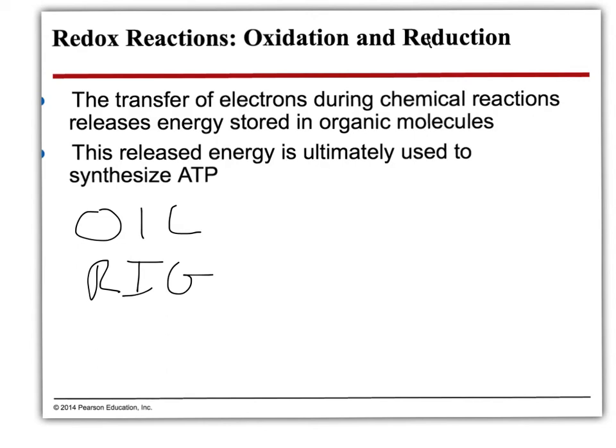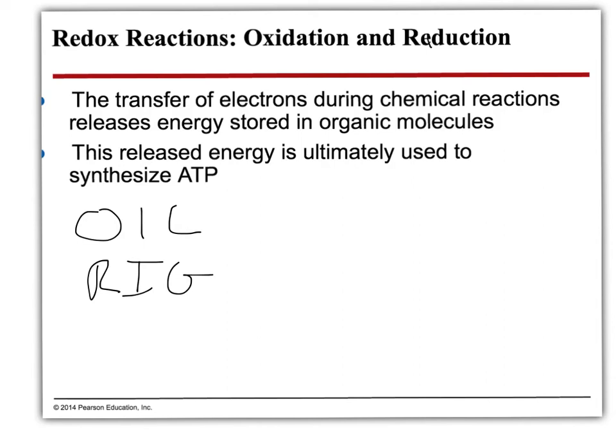It doesn't just fly off into space. Matter can neither be created nor destroyed, so it doesn't get expelled. There has to be something that's going to take up that electron. So reduction is gaining. Wherever that electron goes, that substance is being reduced.